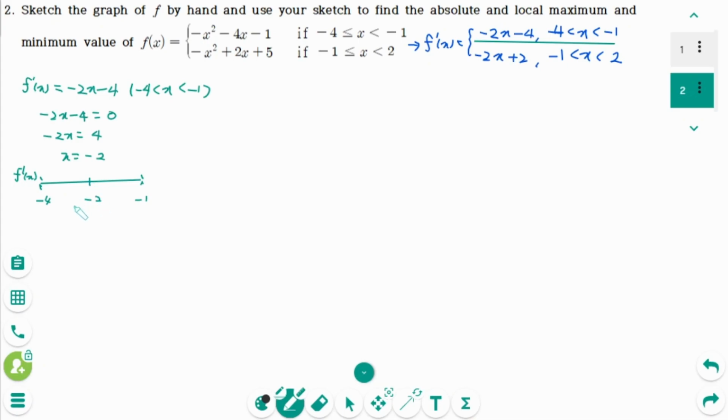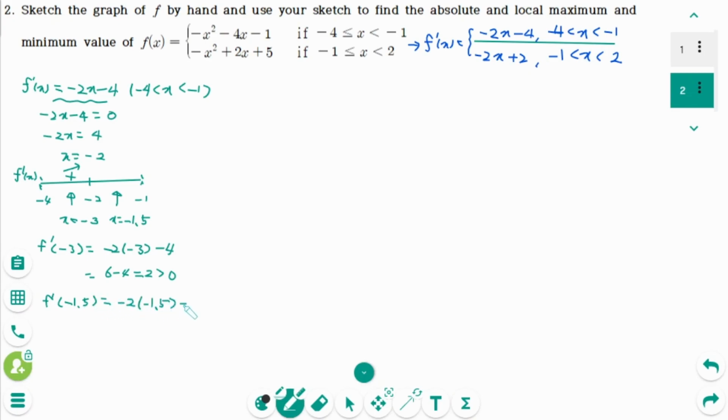When the testing number is x equals minus 3, f'(minus 3) equals minus 2 times minus 3 minus 4. Then 6 minus 4 equals 2, which is positive. When the testing number is minus 1.5, f'(minus 1.5) equals minus 2 times minus 1.5 minus 4. It is 3 minus 4 equals minus 1, which is negative.